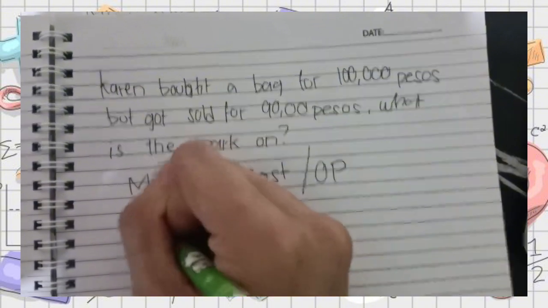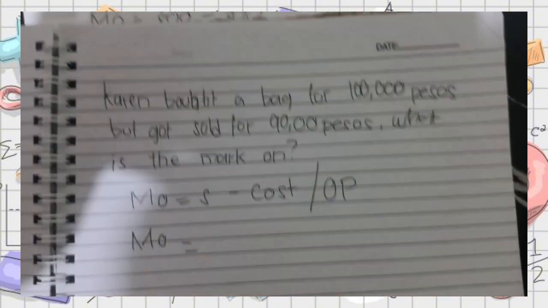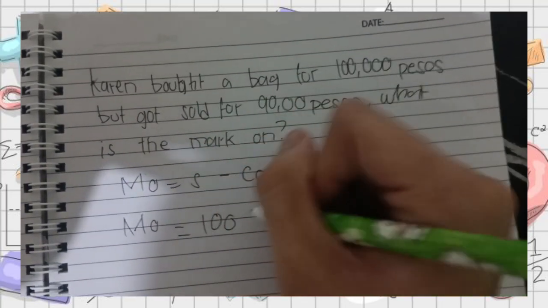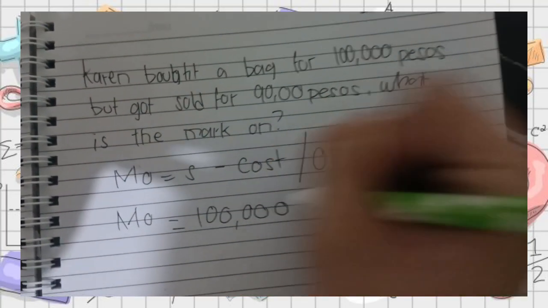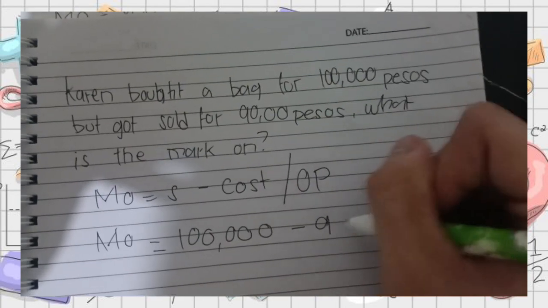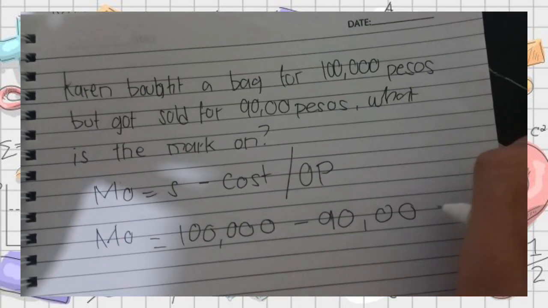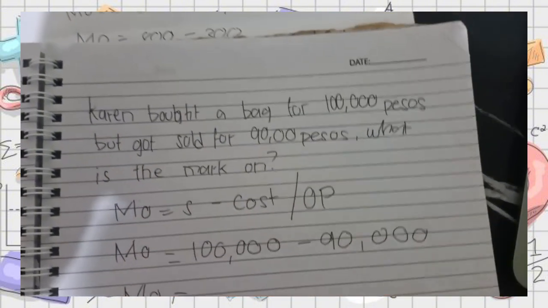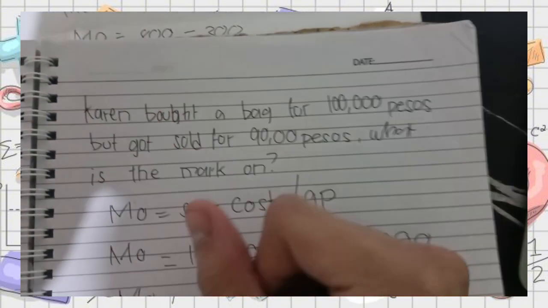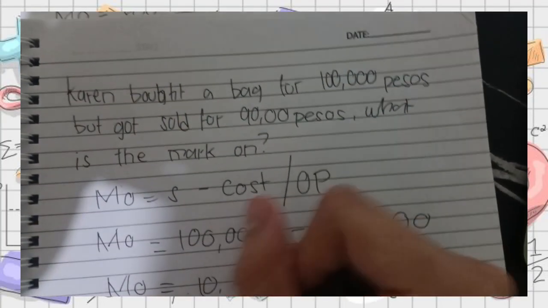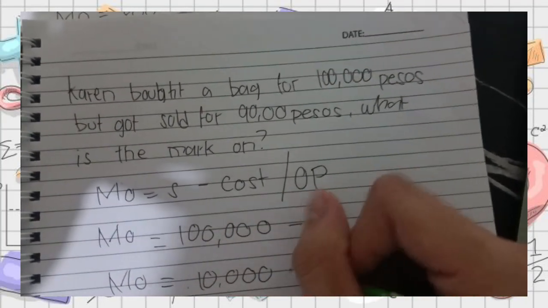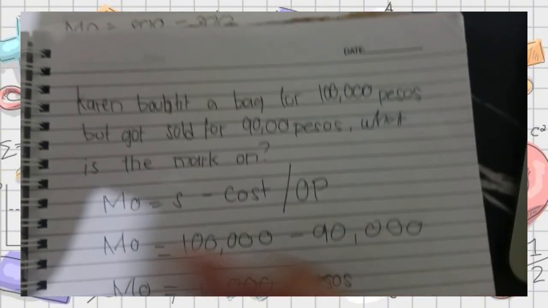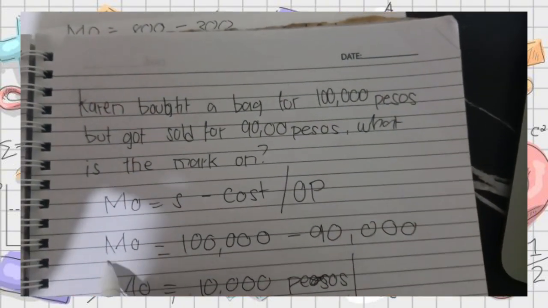So, MO equal to 100,000 minus the cost or the discounted selling price, which is 90,000 pesos. Then, pag minus natin yan, 100,000 minus 90,000. So, magiging markon natin ay 10,000 pesos.